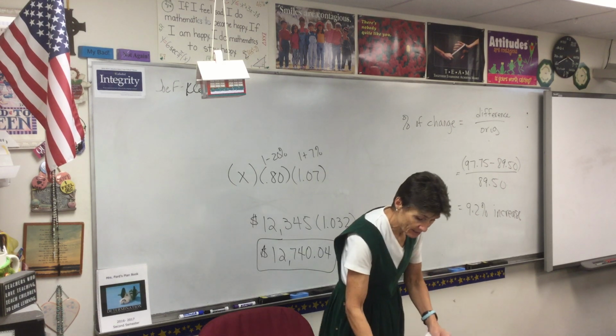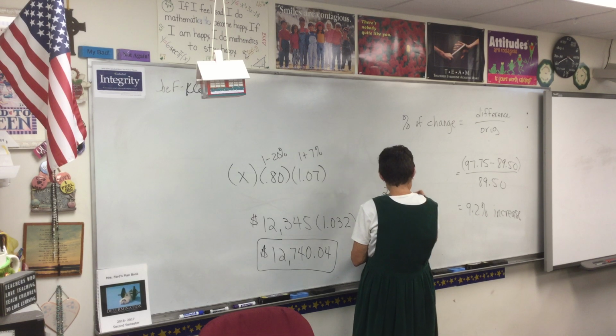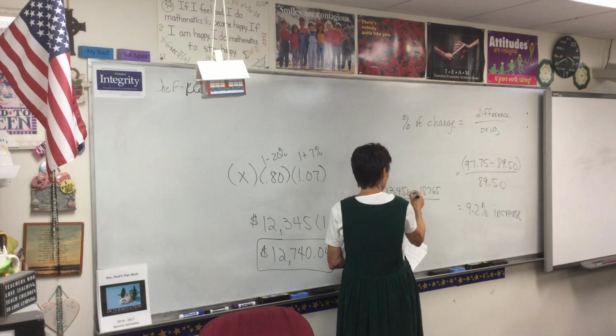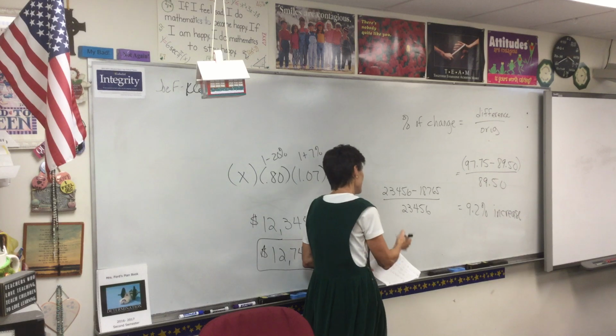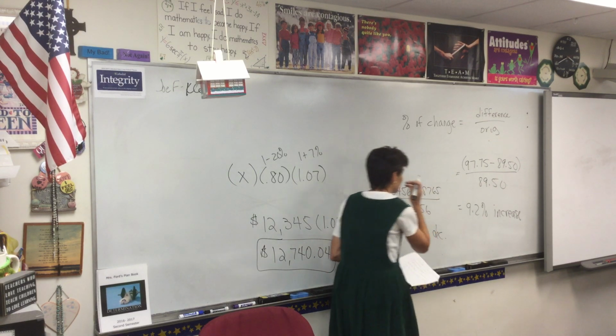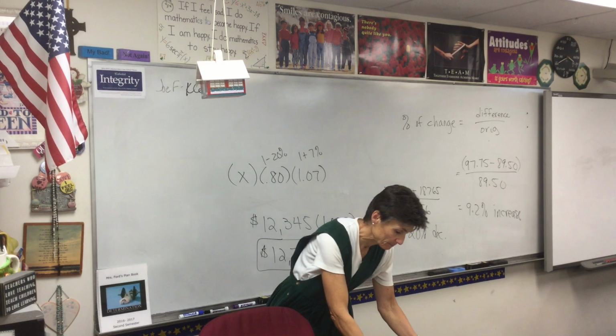So when I did it, I took 23,456 minus 18,765. That told me how much the car went down in value, and then divided it by this, and that gave me about 20% decrease. It was 19 with a whole bunch of numbers.